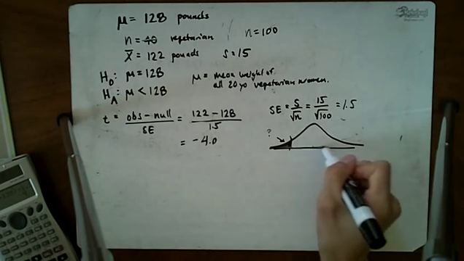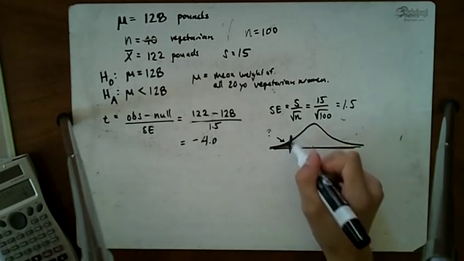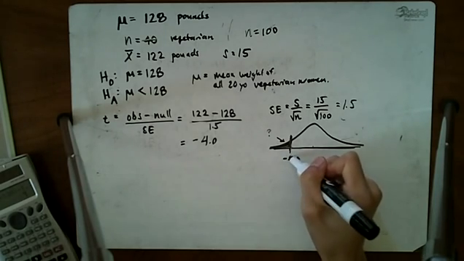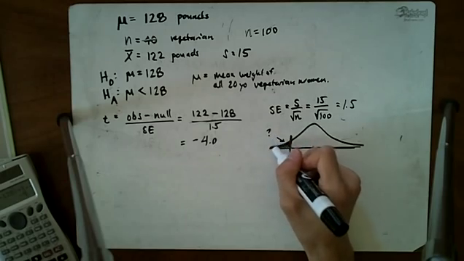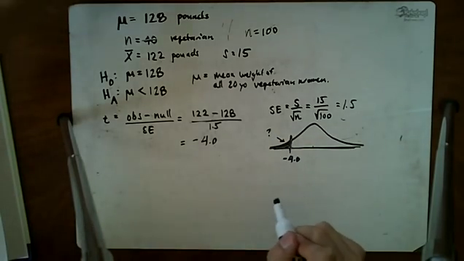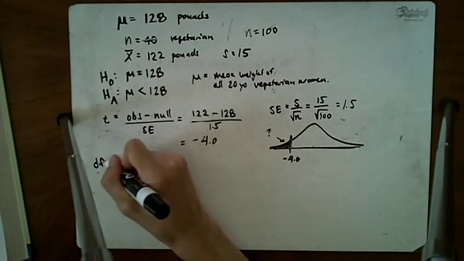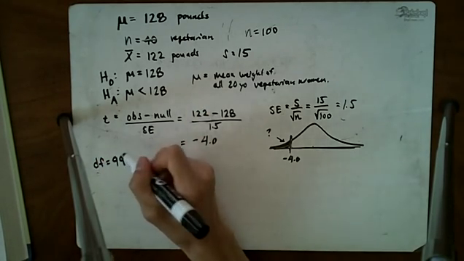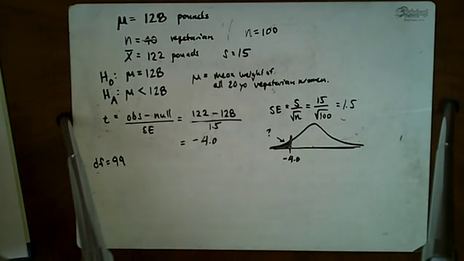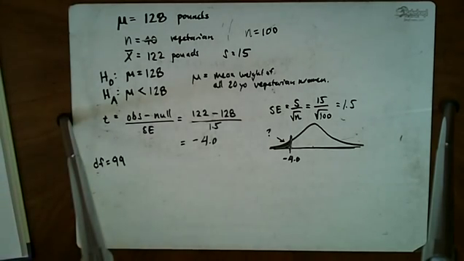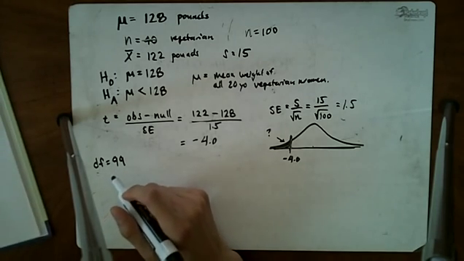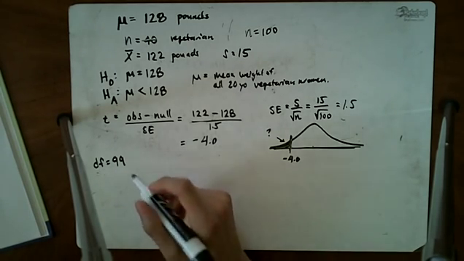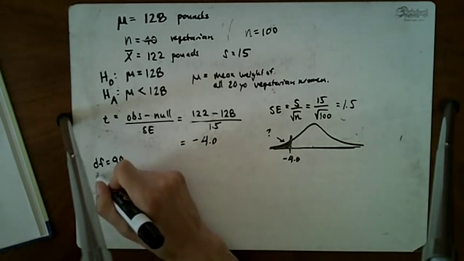So in my picture, it looks just the same, except now I'm looking for negative 4.0, and I still want to know what is the area in one of these tails. And now the degrees of freedom that I have is n minus 1, so I have 99 degrees of freedom. Again, when I go to the t-table, I don't see 99 degrees of freedom, so I have to round down. So in the table that I'm using, the one in the book, the next thing that's closest is 80 degrees of freedom.